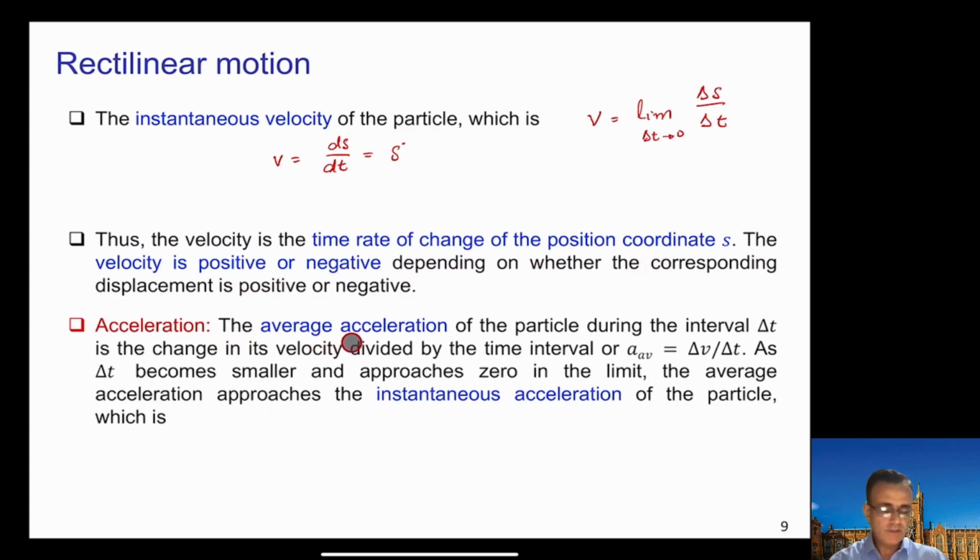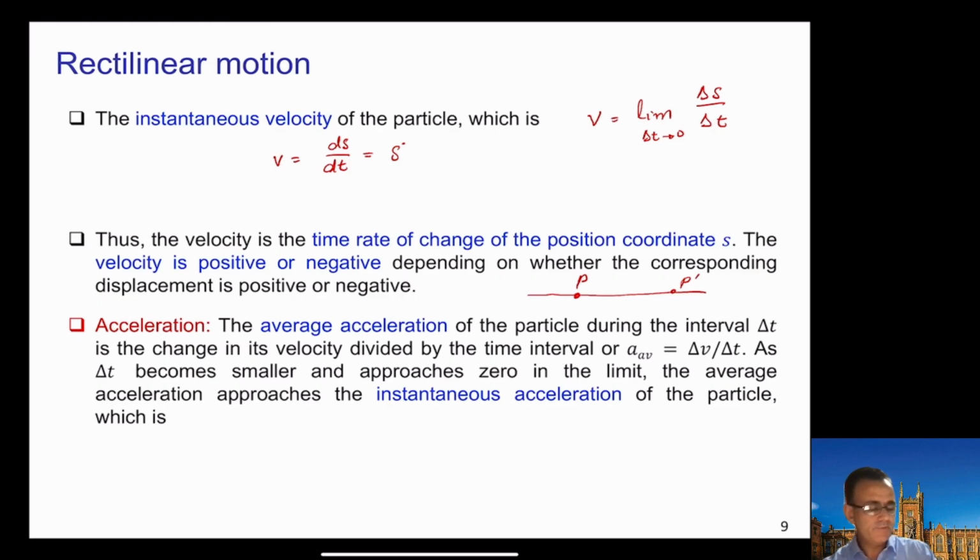So the average acceleration of the particle during the interval delta t is the change in its velocity divided by the time interval. Again, assume the same motion of the particle P here, and the particle at this location, P dash.